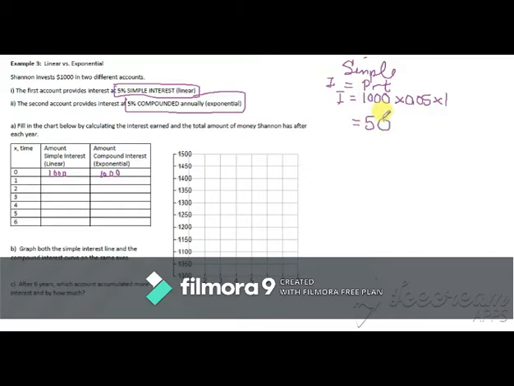So at the end of the first year, Shannon's going to have $1,050. And this is linear, so it goes up by the same amount every year. At the end of the second year, 1,100, then 1,150, 1,200, 1,250, and then $1,300.